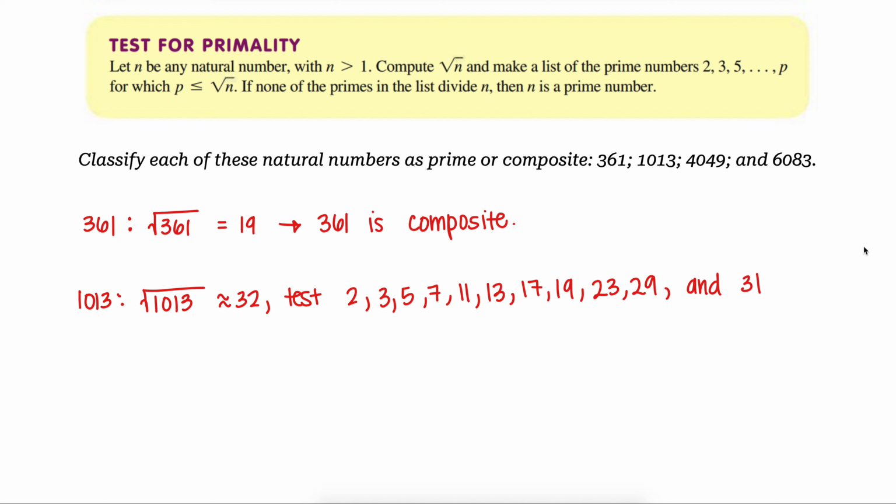If you take 1013, divide it by 2, divide it by 3, and so on, you'll find that none of those numbers divide into 1013. So therefore, 1013 is prime. So again, since none of these divide 1013, it is prime.